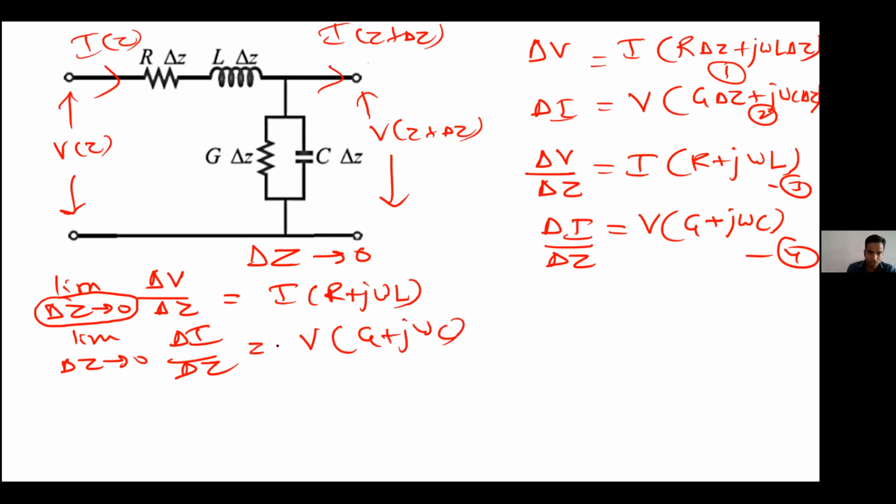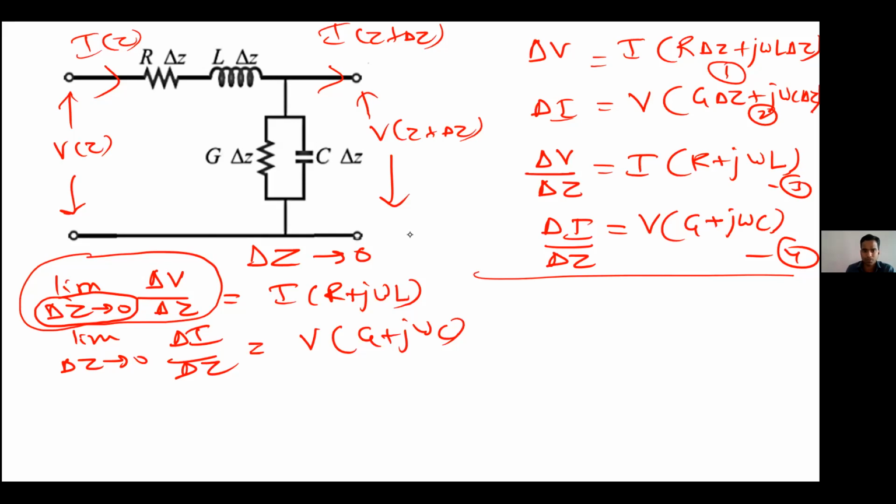Delta I by delta z, which is V into G plus jωC. And we know from basic definition of derivative, right? This is the definition of derivative, first principle of derivative, you must be knowing. When we apply limit delta z tend to 0, delta V by delta z, what does it give? Can anyone tell me?